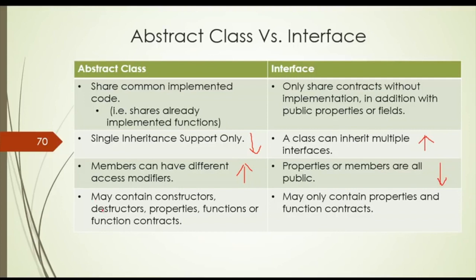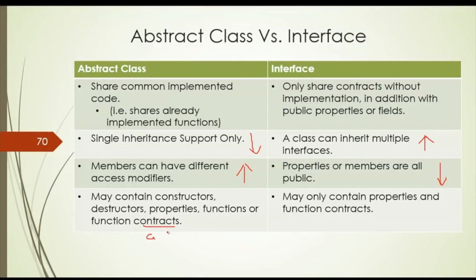It may contain constructor, destructor, public properties, functions, and so on. Contracts will be the abstract methods, and for VB it is must inherit, if I'm not wrong, because I have done VB very long time ago. So instead of the abstract, if you're doing VB coding, put the must inherit keyword.